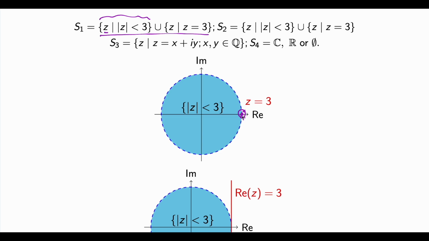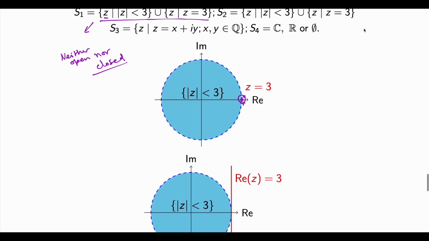So this point, |z| = 3, is a boundary point. If all the boundaries are there, then we can say that the set is closed. So this set is neither open nor closed, right?